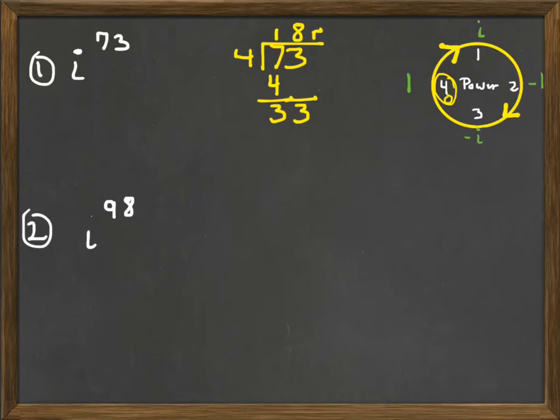My remainder is 1. So I look at my circle where my remainder is 1. That means I'm up here. So my answer is just i. Y'all are going to do number 2 as the next problem in your notes.